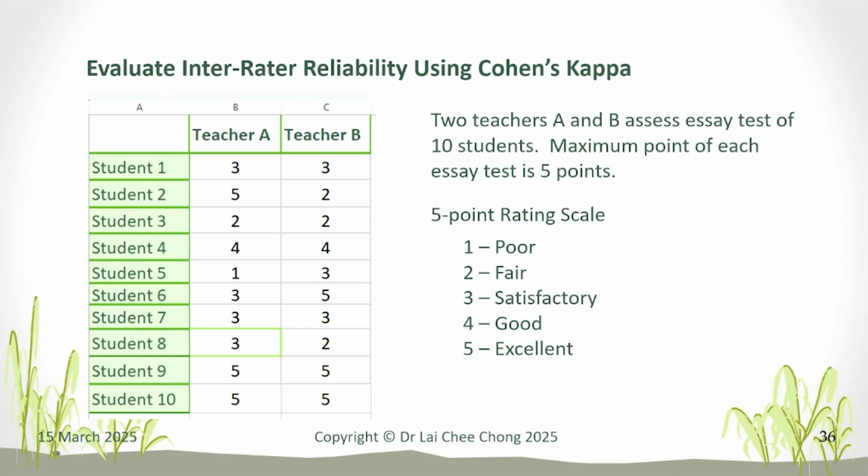So what we do is that you give a rating scale. For example, I use your 30. Let's say that you consider anywhere from 25 to 30 as A grade. I'm just using it as an example, okay? Maybe you want to use 20 to 25 to be the B grade.